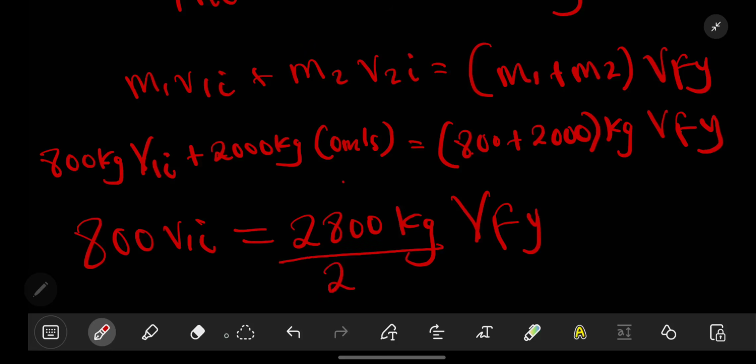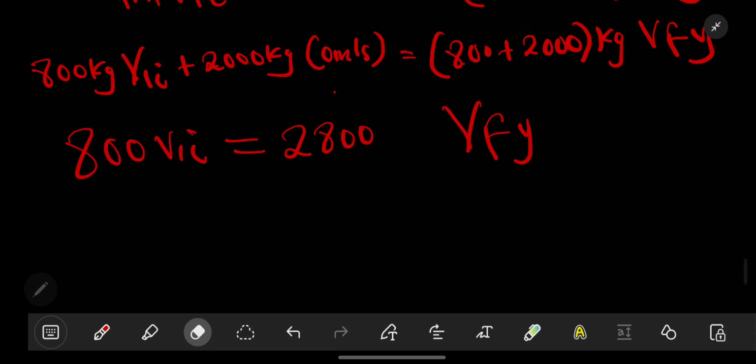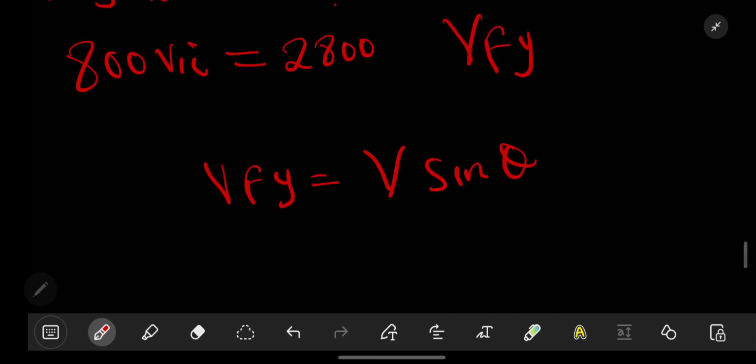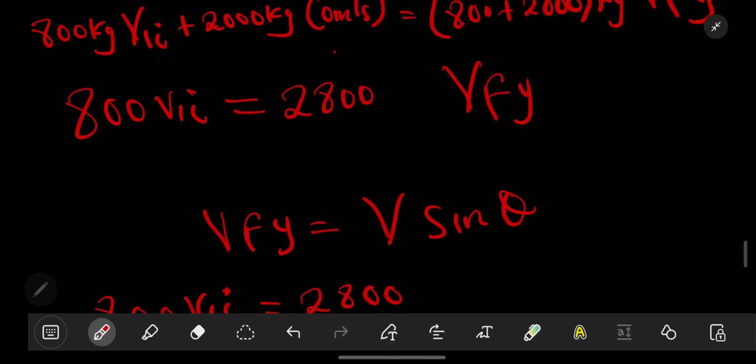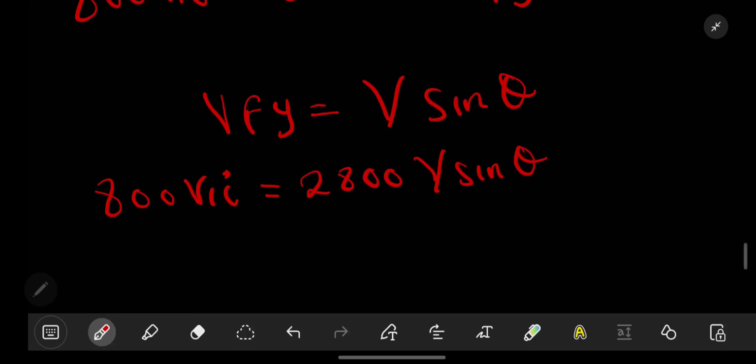Now we can put what our vfy is. We know that vfy is equal to v sine of theta. So we have 800 v1 initial should be equal to 2800 times v sine of theta, since the car wasn't at an angle. Now we know the angle, and we know the velocity because we have found it.